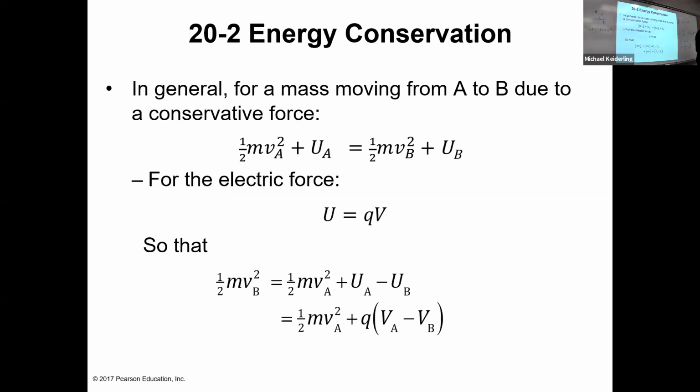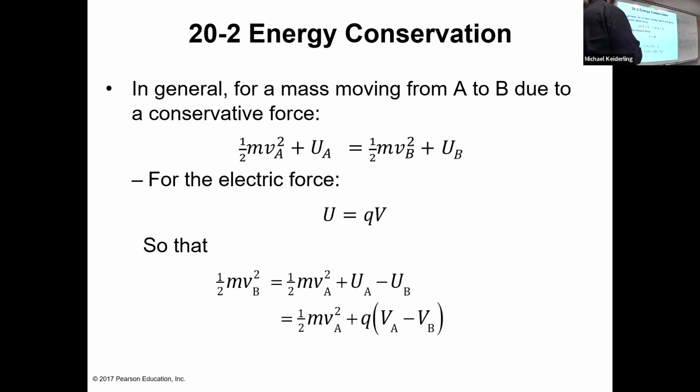Now, energy is conserved. So in general, for any mass moving from point A to point B in a conservative force, kinetic energy plus potential energy at point A equals kinetic energy plus potential energy at point B. If you have an electric force, potential energy is just charge times the voltage.